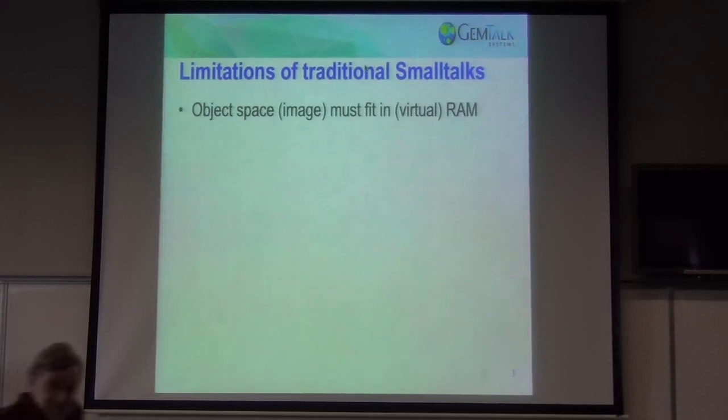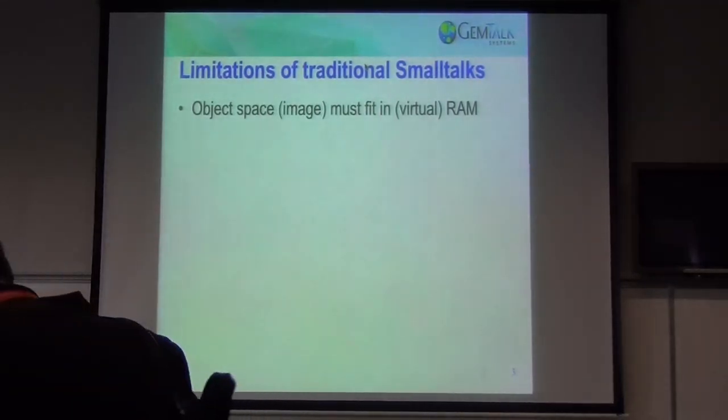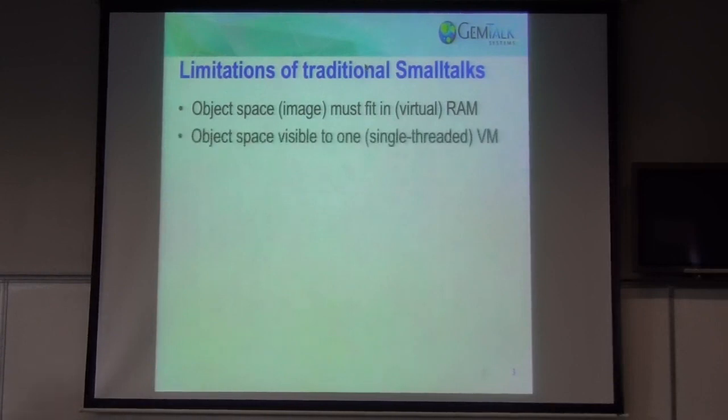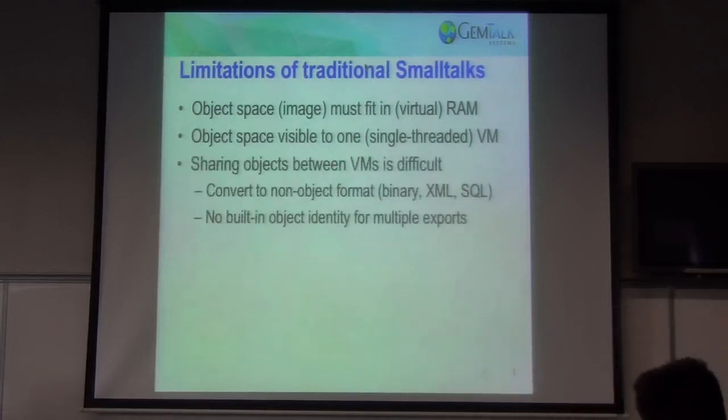The traditional Smalltalks that you will use will have an object space or image that is limited to how much can fit into memory, or virtual RAM. The object space is limited to one virtual machine, one process, one single-threaded environment. And sharing objects between virtual machines is a challenge.